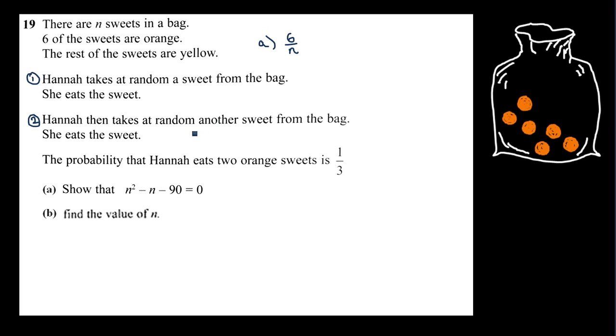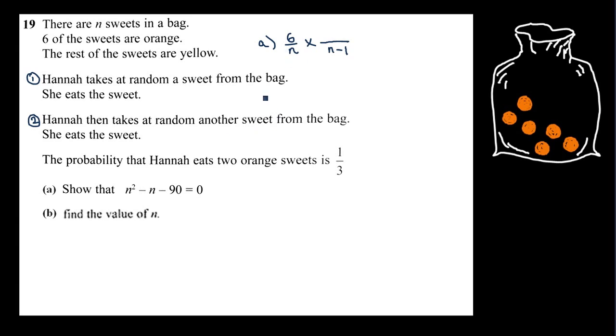So what actually is the probability that she gets another orange sweet? Well, first of all, we need to realize that if she's dipping into that bag for the second time, the situation is not the same as in event 1. In event 2, there's 1 less sweet. So we can't write out of n. We have to write n minus 1.